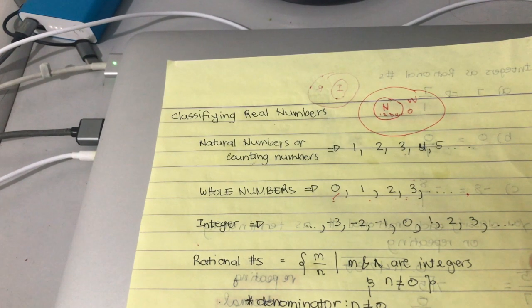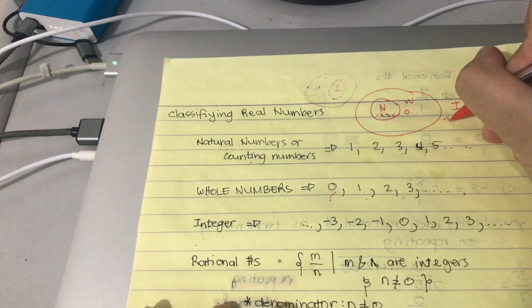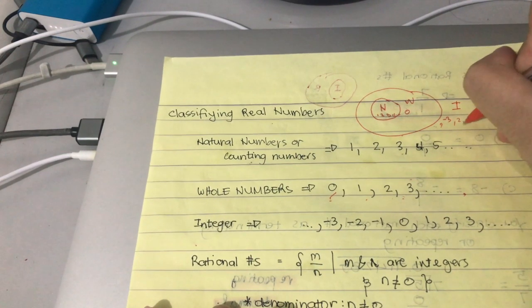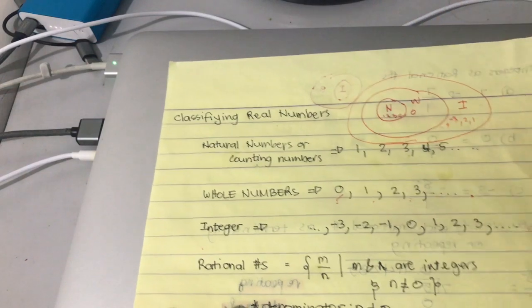If you include whole numbers and their negative side, plus 0, that's what you call an integer. So an integer includes -3, -2, 1, and so on and so forth.